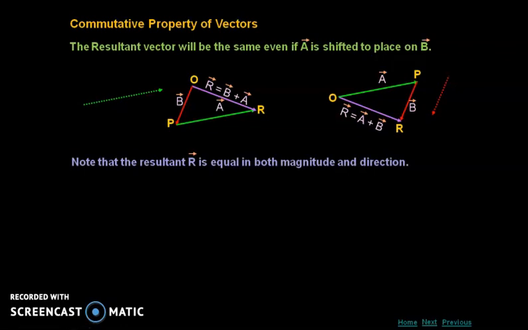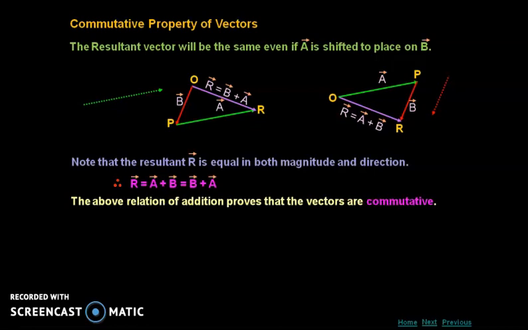The magnitude of the resultant vector in both situations is the same, and that is equal to our resultant vector. So this relation: R is equal to a plus b is equal to b plus a.